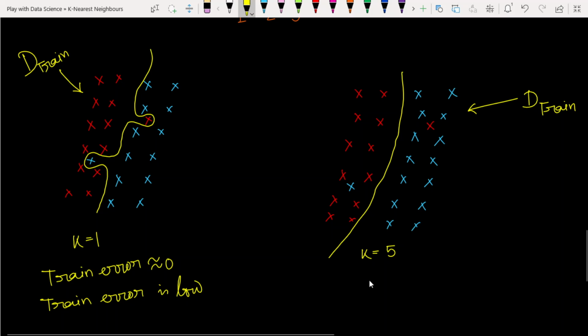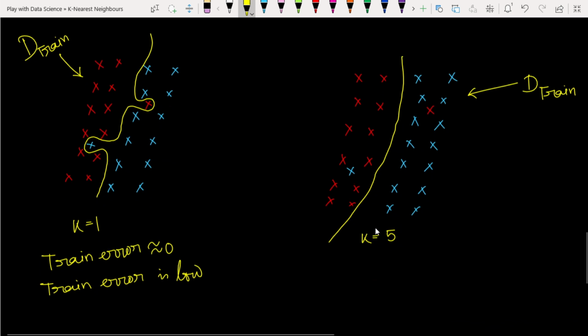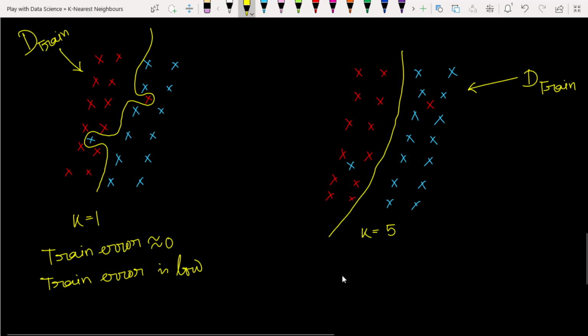In the other scenario, we are making some mistakes, so our train error is non-zero. If we find the accuracy on the train set, we can see some mistakes here and here also.